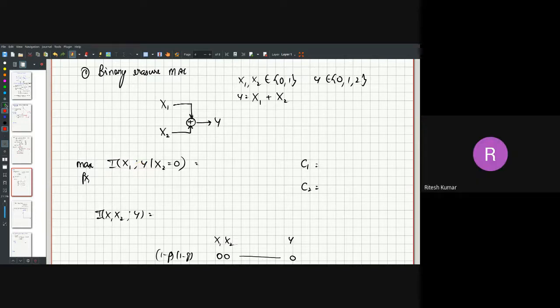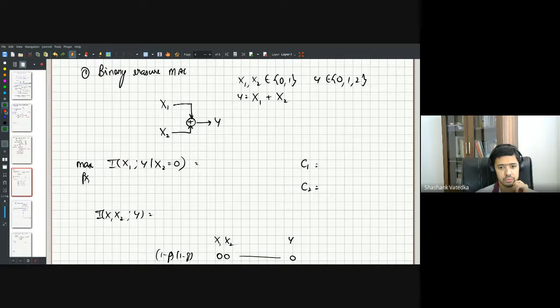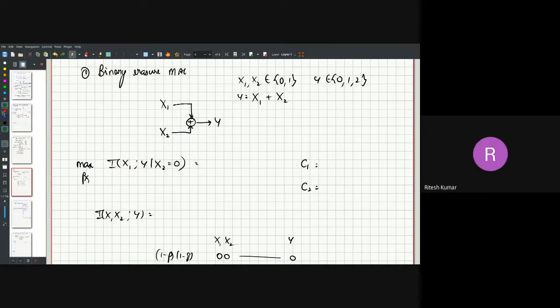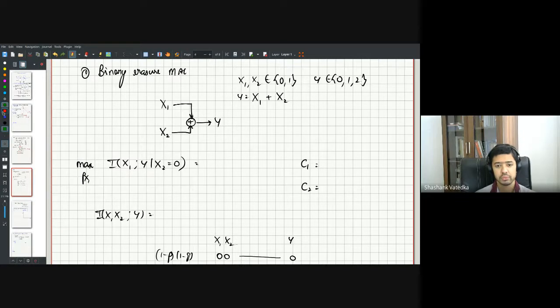One minus H2(p). Why is it 1 minus H2(p)? Sir, we are considering only x1 and y. Maximum capacity. So now suppose that x2 is equal to 0. So what is the relationship between x1 and y?